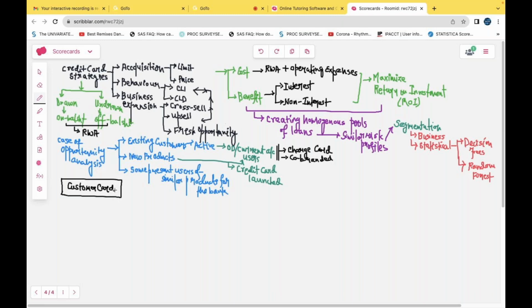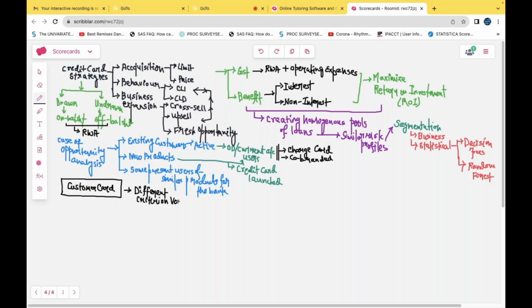Every business segmentation has several criterion variables, so we speak about different criterion variables which can be used for segmentation.